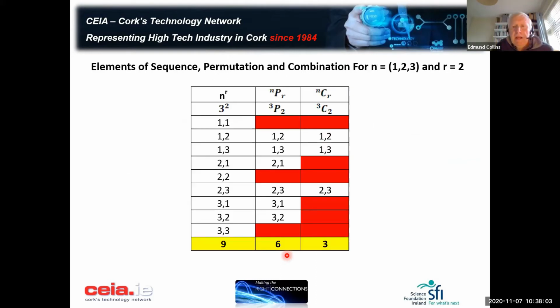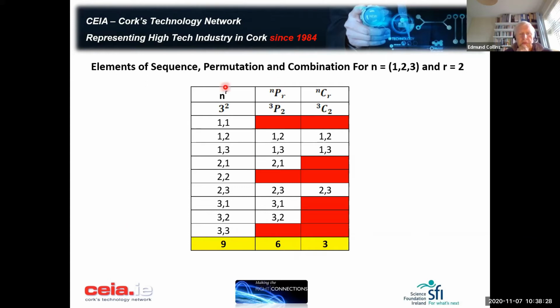Now, here's a summary of the elements of a sequence, permutation and combination for n equals 3 and r equals 2.